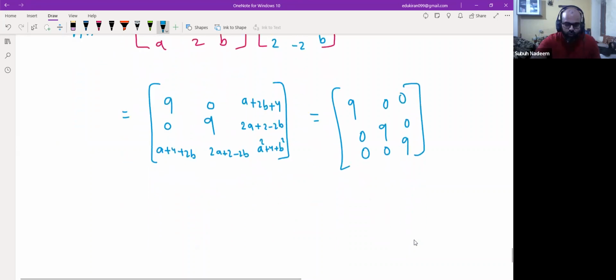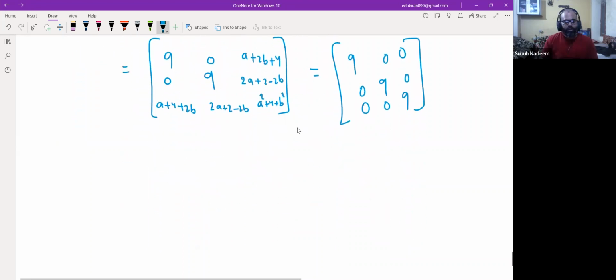So if you see equality of matrix, you will equate all the corresponding elements. Someone has also given the answer b is minus 1, a is minus 2 by Adriel. Yes, Adriel, correct. So if you see here, this 9 is equal to 9, this 0 is equal to 0, this 0 is equal to 0, this 9 is equal to 9.